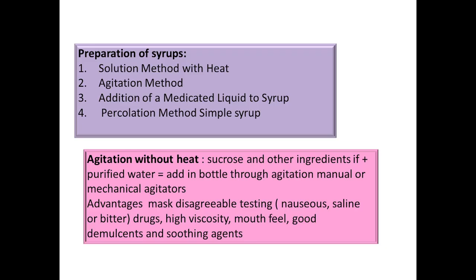Here the sucrose or other ingredients, if mentioned in the formula, are taken with purified water and added in the bottle through agitation. That agitation may be manual, or by using a mechanical agitator. Such syrup is known as syrup prepared by agitation without heat.